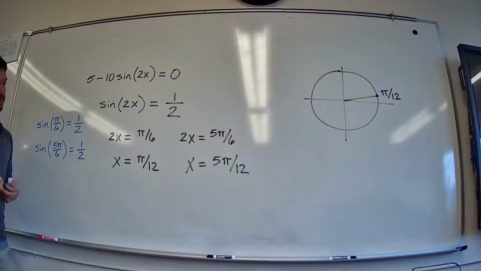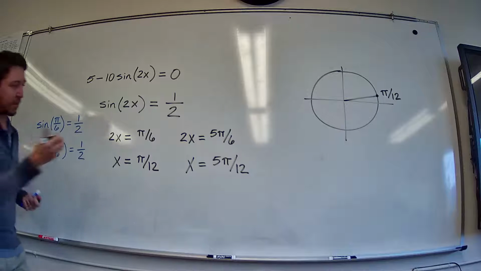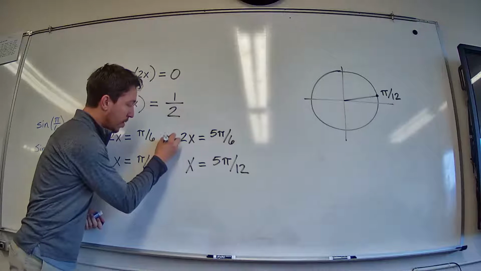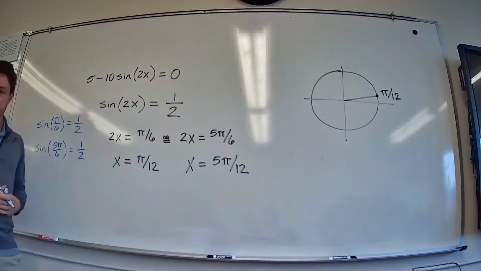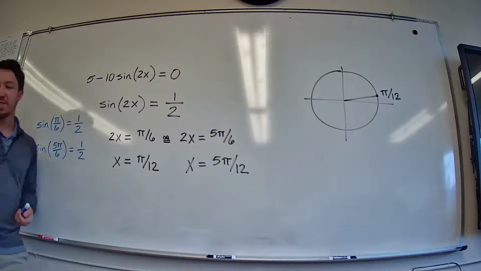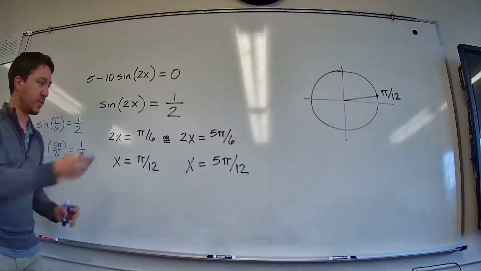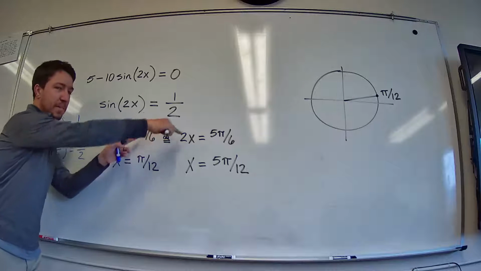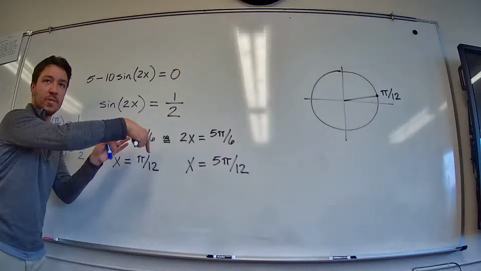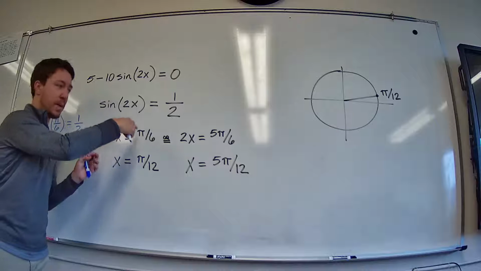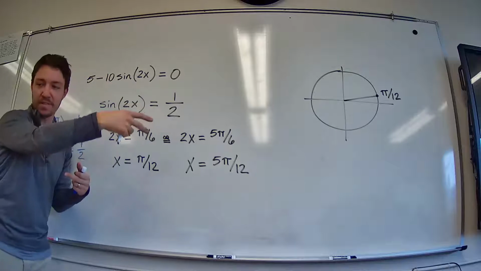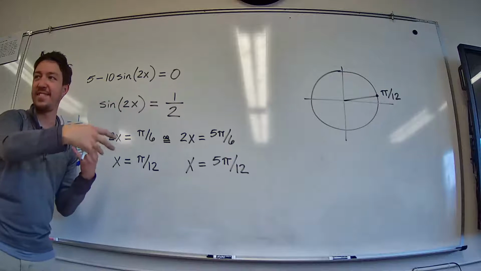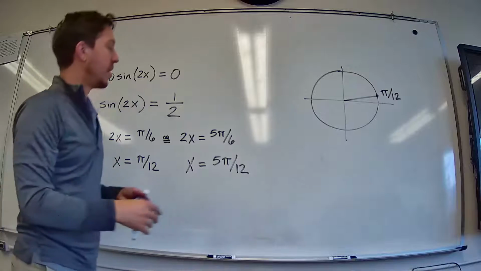Okay with that? There could be like an or here. What you usually do in practice is you separate the possible numbers by commas. You would write 2x equals pi over 6, comma, 5 pi over 6, comma. You get that? Just shorter that way.